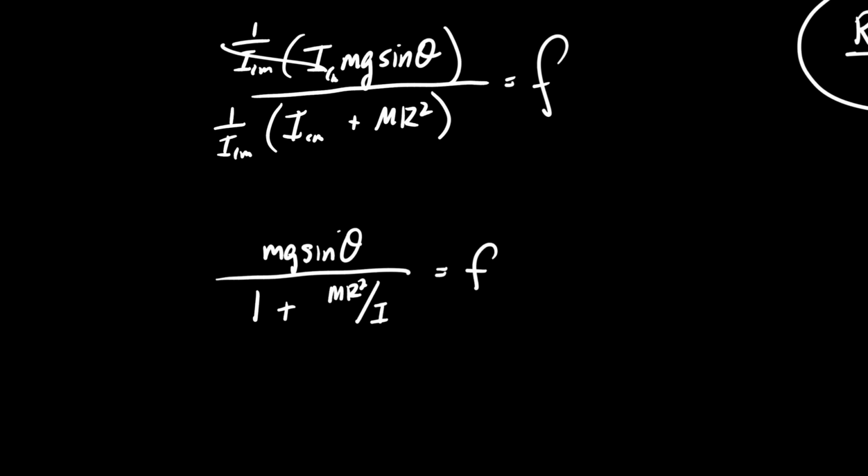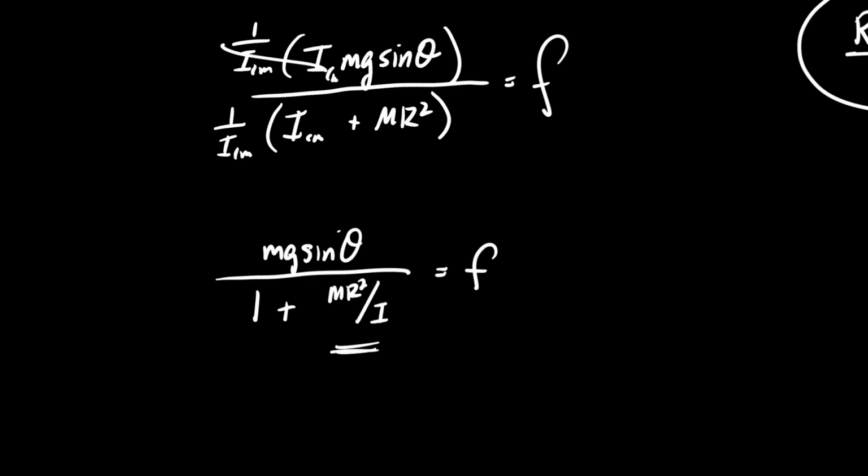Why would I want to do that? I'll tell you why. Isn't everything that rolls going to have an mr squared as part of its moment of inertia? So do you understand that everything in the denominator is just a number? It's going to be 1 plus whatever that fraction is.